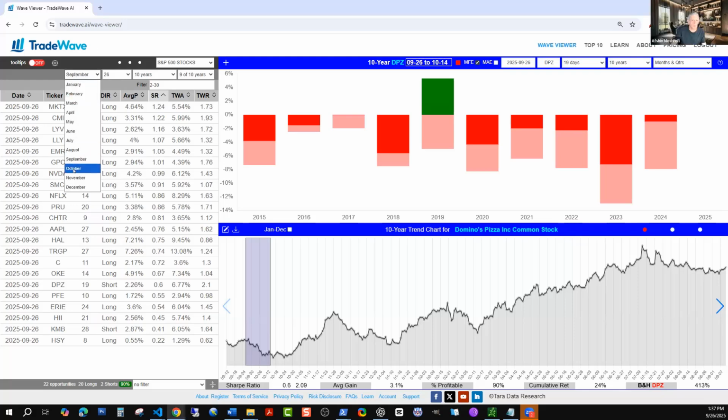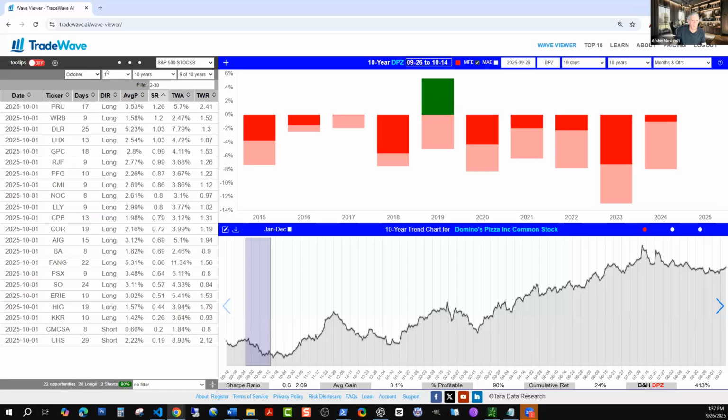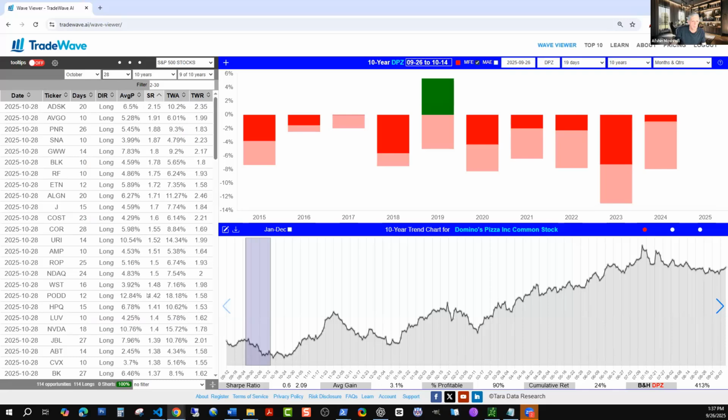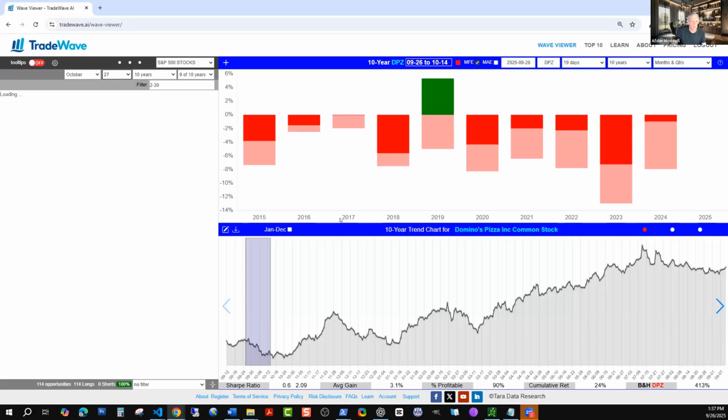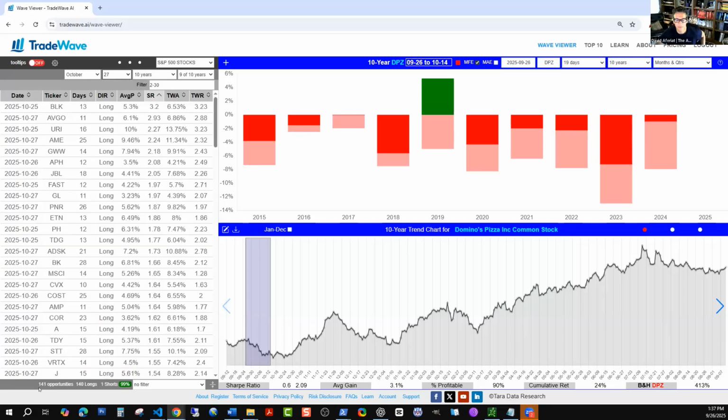Just as one other thing, we showed that October 26th, which is a magic date. Look at the bottom. Actually, you selected 28. 27. Look at the bottom. It switches to 141 opportunities. This is for the next 30 days. 140 of them are long, 99%. That's the most bullish time of the year.